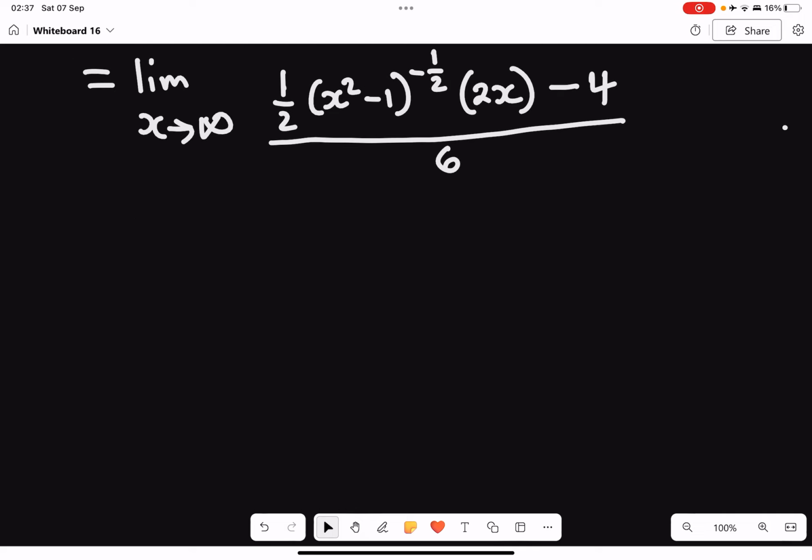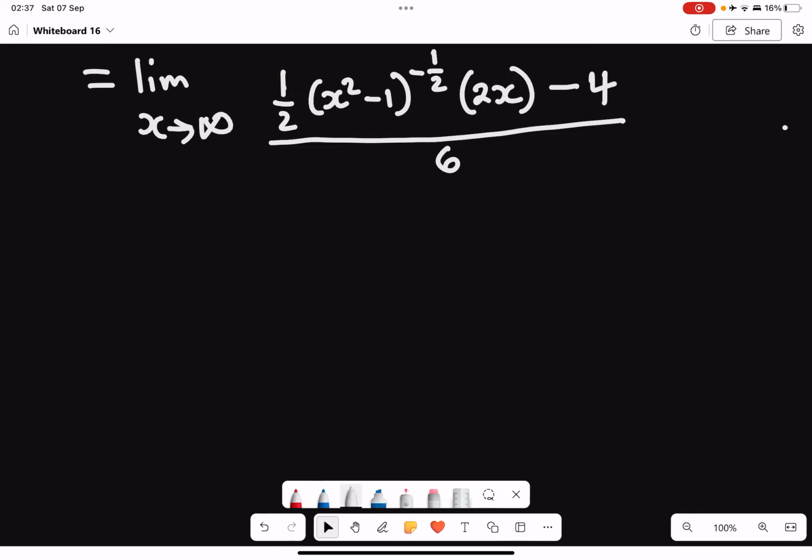Let's see if we can simplify this. The 2 and the other 2 will cancel because one is on top and one is at the bottom. Then the 1 and the x will multiply.